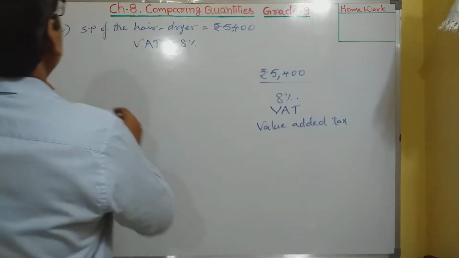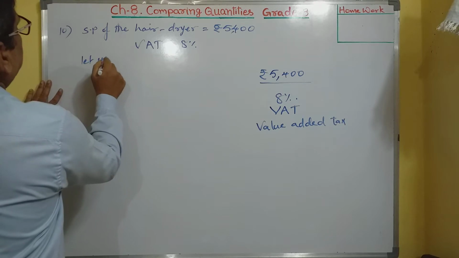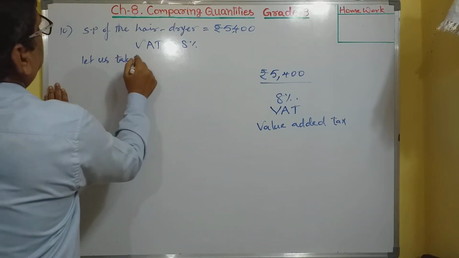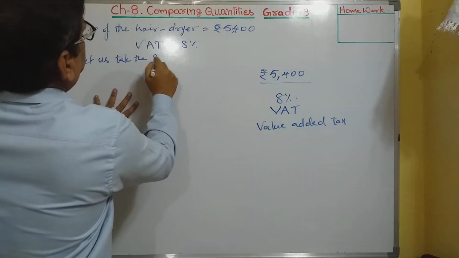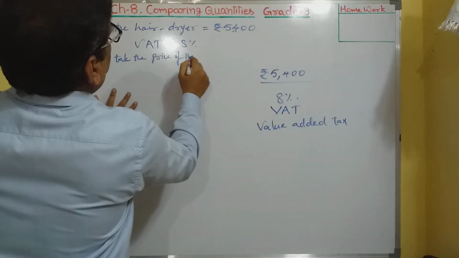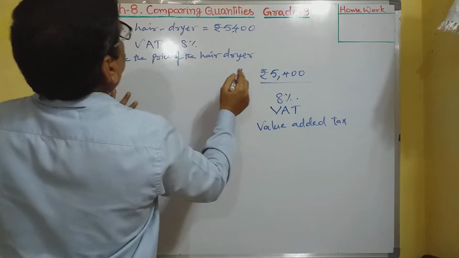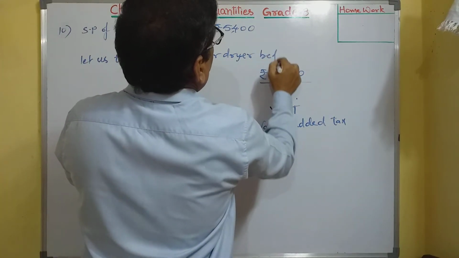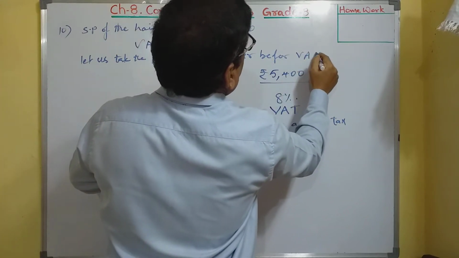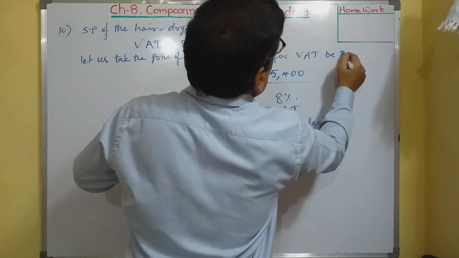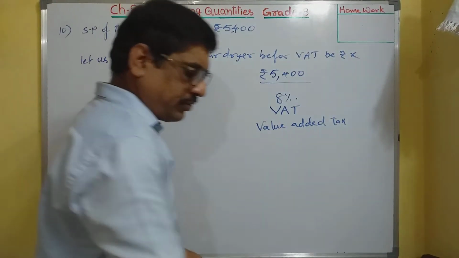So let us take the price of the hair dryer before VAT be X rupees. We need to find that X rupees.